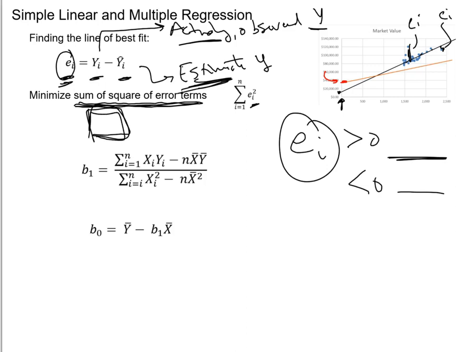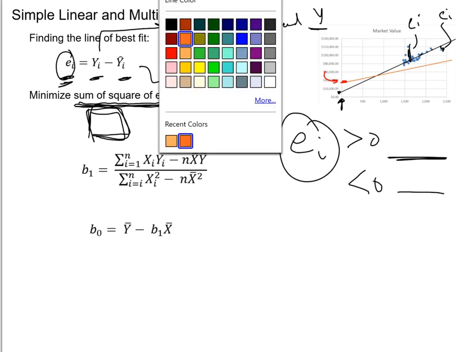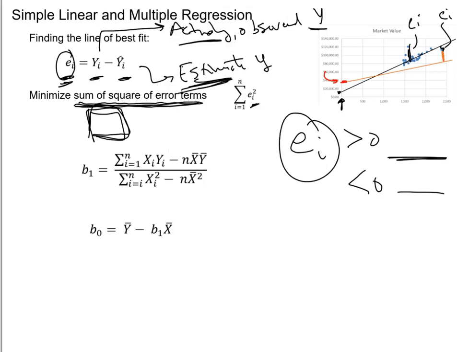But think for a second. I'm going to change this to orange as well. If I have my line in orange, this point that's right over here, that error term is much larger. It's all positive on all of these error terms. If I took each of those points and drew a line down to the orange line, and then took all those errors, squared them and added them all up, I'm going to get a much, much, much larger value.